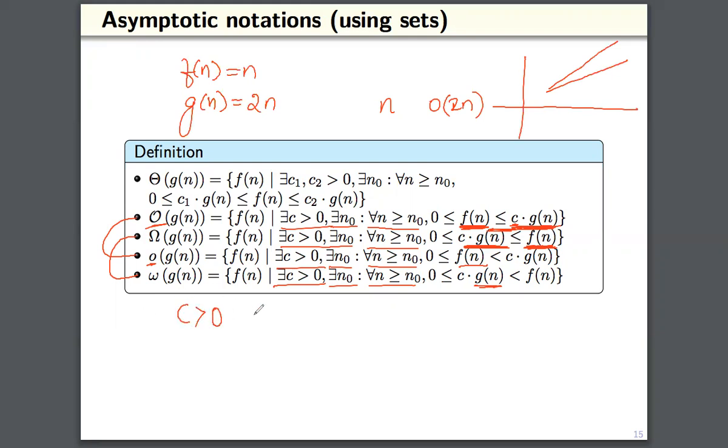That means c is equal to 2 here, right? Right. f of n less than 2 times n.